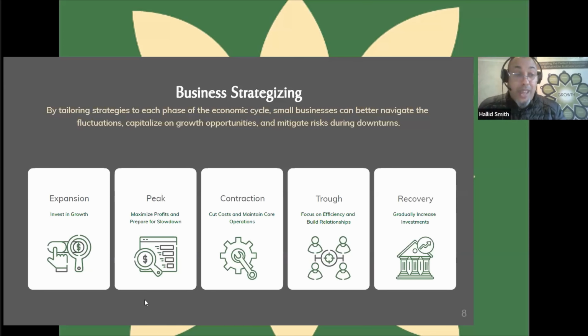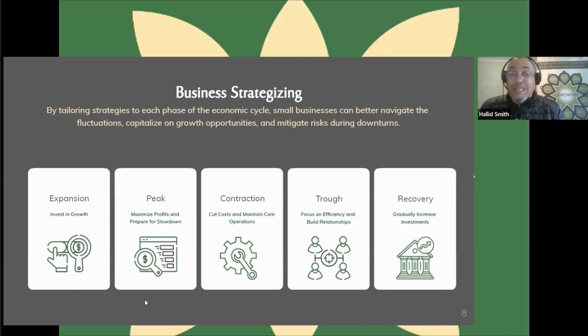When it's expanding, you bring on staff. Why? Because now there's growth. There's growth in different sectors, so now you can think of bringing people on board. When you're at peak, in other words, things are going well, you need to make sure that you are making sufficient profit.